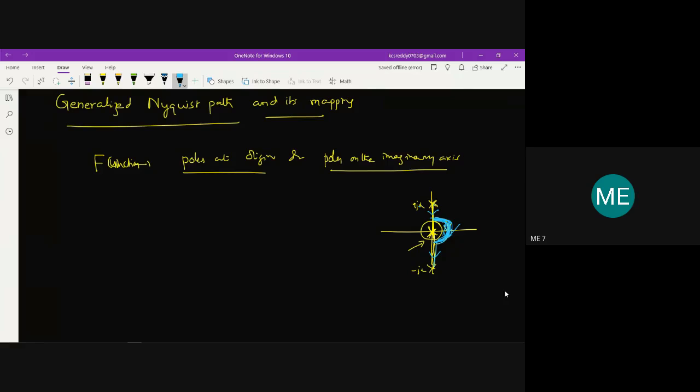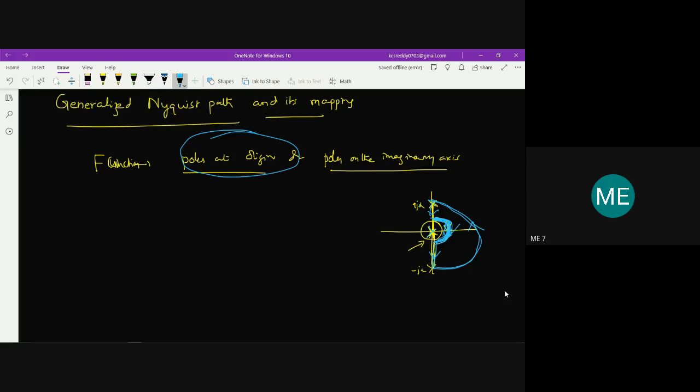So when there is a pole at the origin, the entire right half of the plane is covered, but because of the pole at the origin, we are bypassing this area from this point to this point, then joining to the minus infinity point and closing to the starting point.